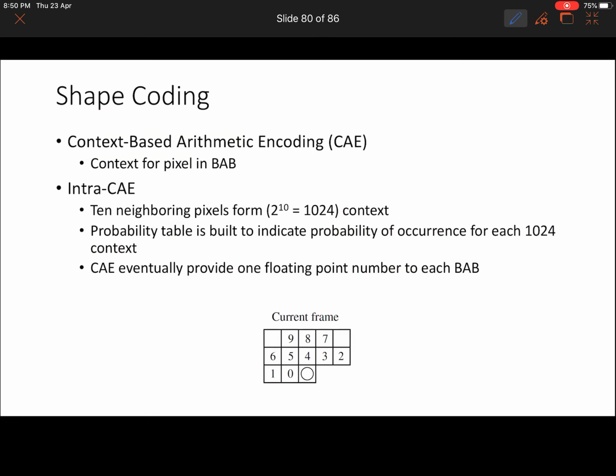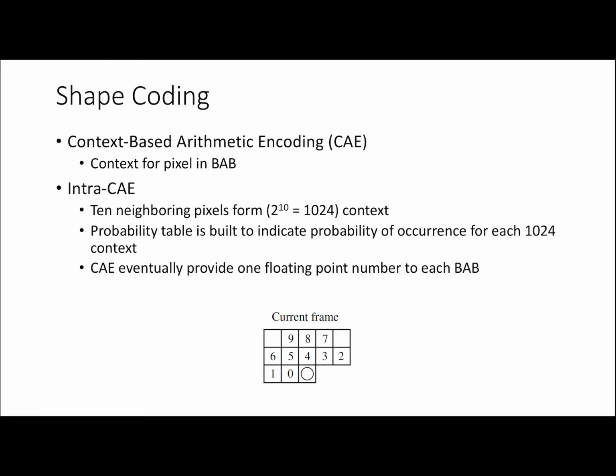To encode this, we use context based arithmetic encoding or CAE. For context based arithmetic encoding, if you see this figure, this is the current pixel. Context here means the neighborhood.